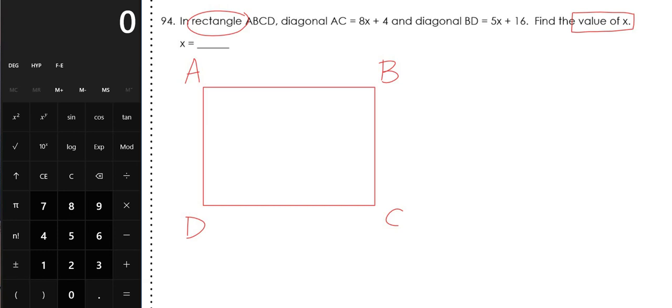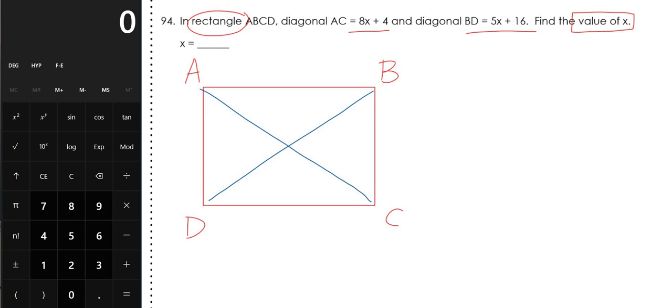Now they're telling me about two diagonals, AC, which is one diagonal, and BD, and they're giving me values for them. Let's take a look at those diagonals in the diagram. So for my first diagonal, AC, and my second diagonal, I have BD. I have measurements for both.